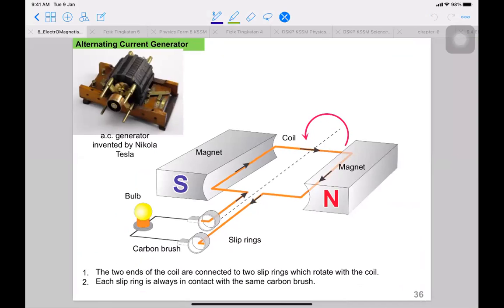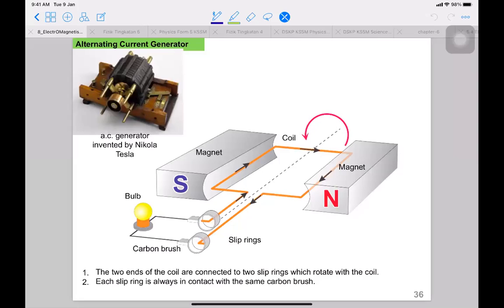It does not use split rings, but instead it will use slip rings, and there is still a carbon brush to complete the circuit. The picture there shows an AC generator invented by Tesla. That was the earlier model of the AC generator, which we use until today.